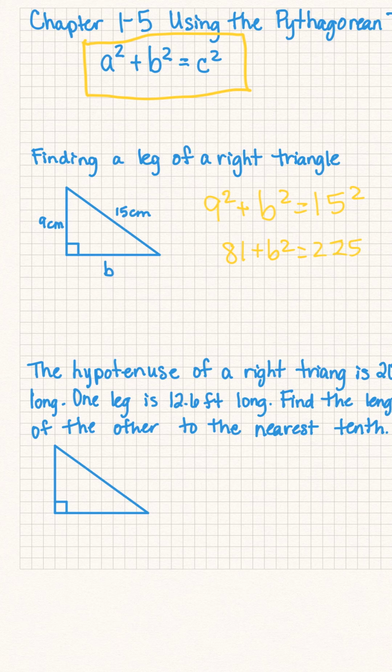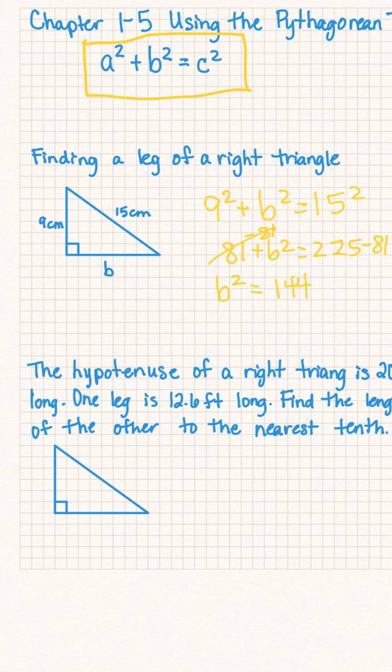We want b by itself, so we need to get rid of the 81. We subtract 81 from both sides. These cancel out, so we get b squared equals 225 minus 81, which equals 144.